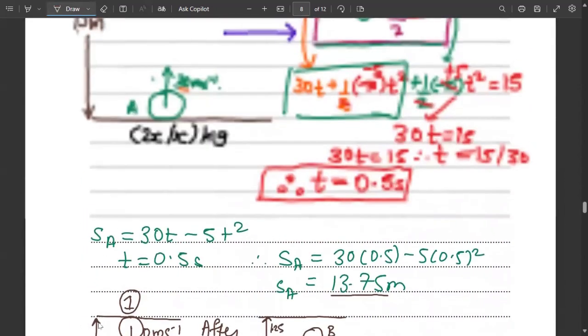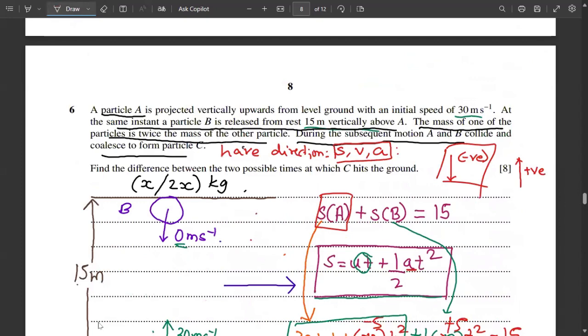Now, what they have told us is, during the subsequent motion, A and B collide and coalesce.